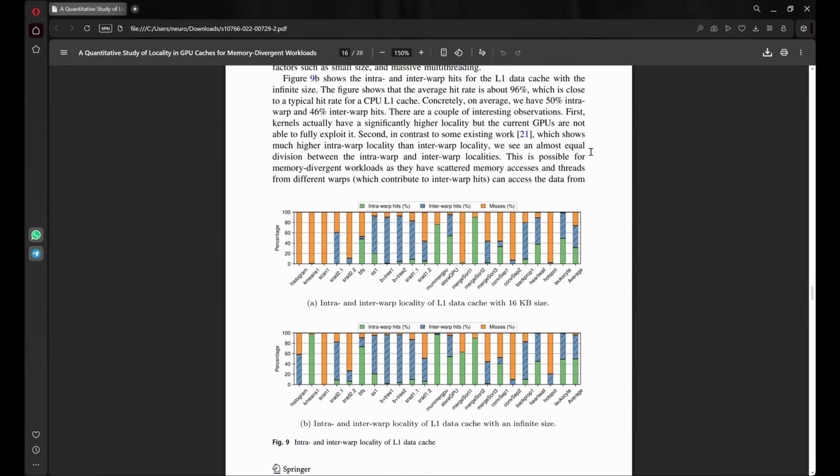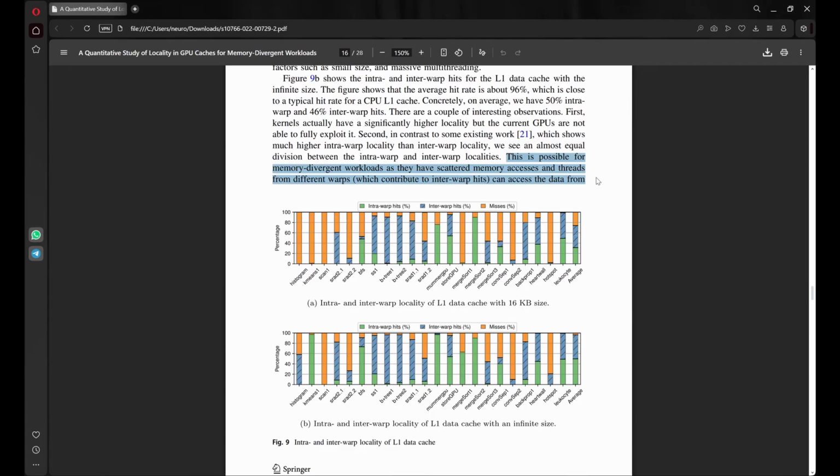They say that this observation is probably due to the fact that they're looking at memory divergent workloads, because memory divergent workloads have scattered memory accesses, and this essentially means that there's not going to be as much intra-warp locality.